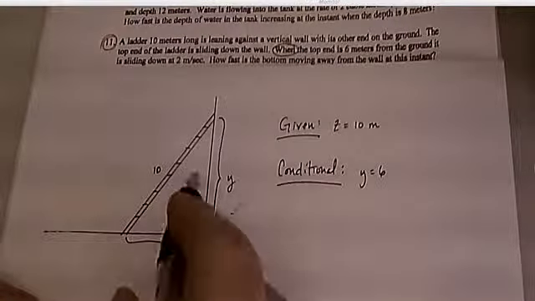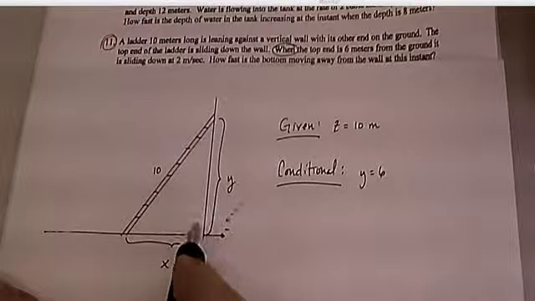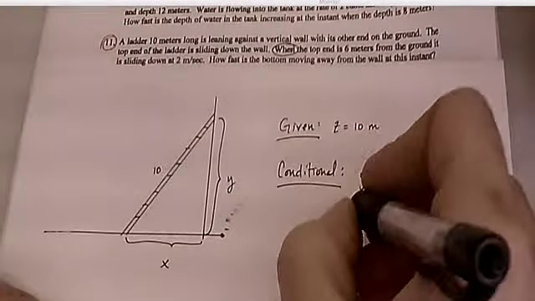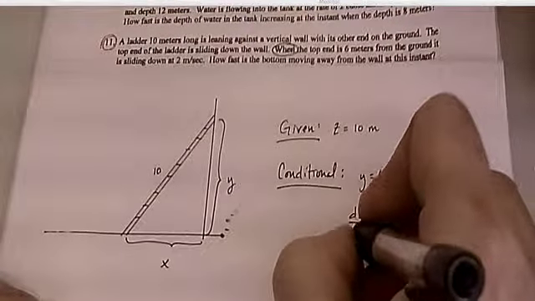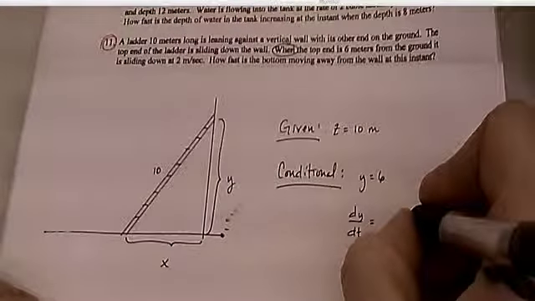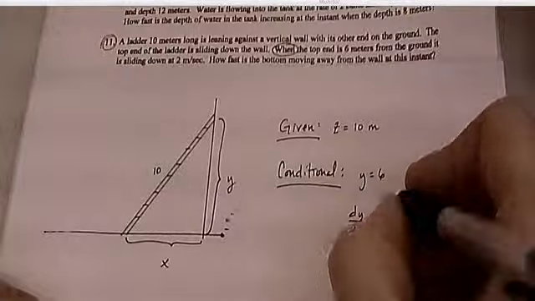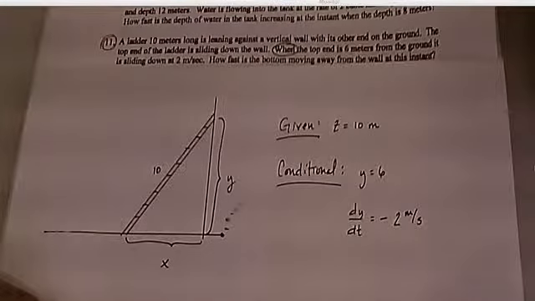Sliding down the wall at 2 meters per second describes how fast y is changing. So that is dy/dt. But you have to be careful here, because that describes y getting smaller. So if y is getting smaller, this is not 2 meters per second, it's negative 2 meters per second.